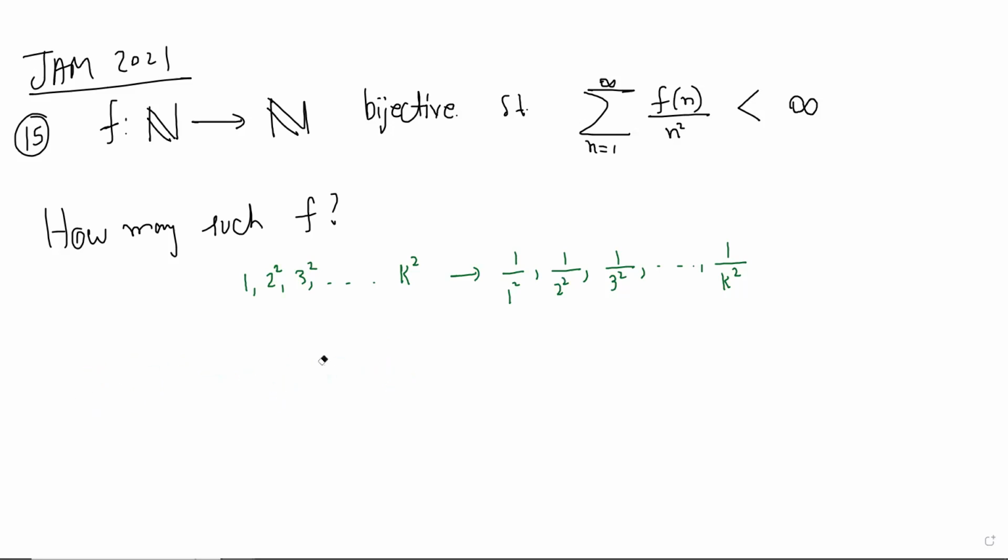To make it more precise, you look at this, and this is a decreasing sequence. Let me write it. So this is a decreasing sequence. And then the other thing you have is 1, 2, 3 till k. That is an increasing sequence, correct?